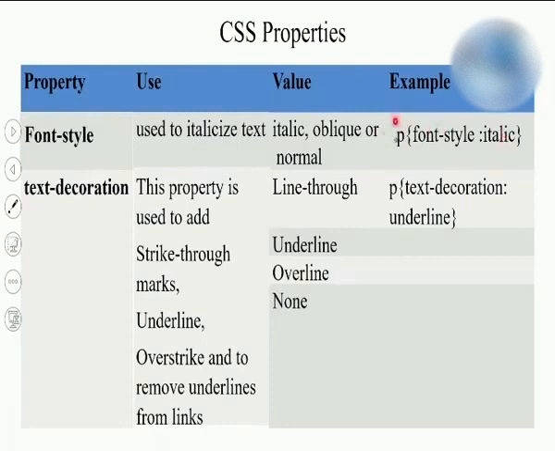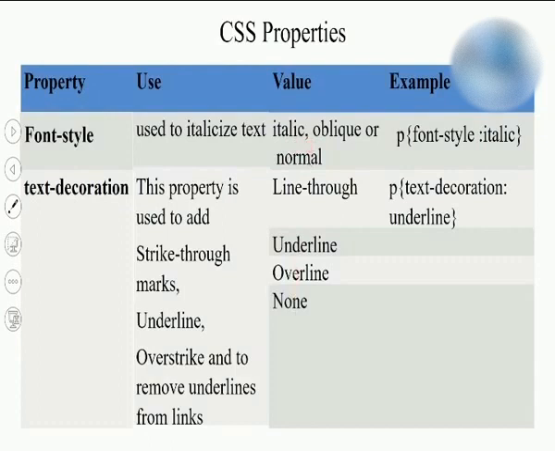So here the paragraph will become italic if you specify like this. Students, you need to specify this inside the style tag, in the head tag. Text-decoration is a new property which you can specify as line-through, underline, overline. You can see these are the values. Which are the values?